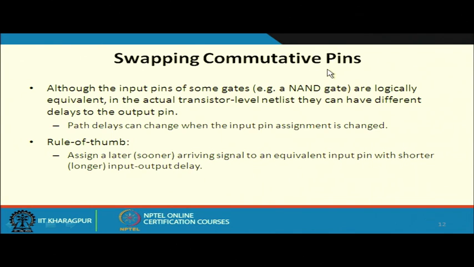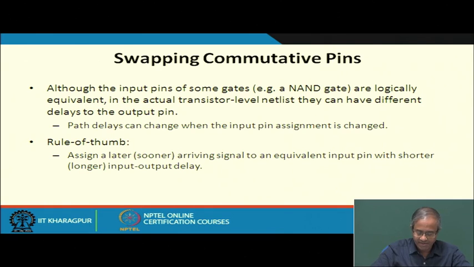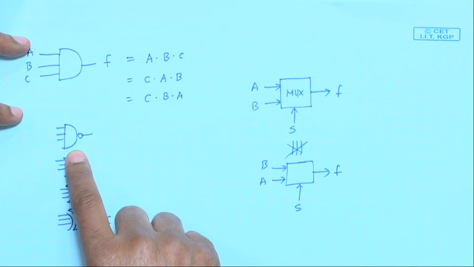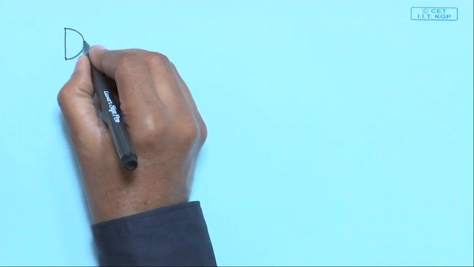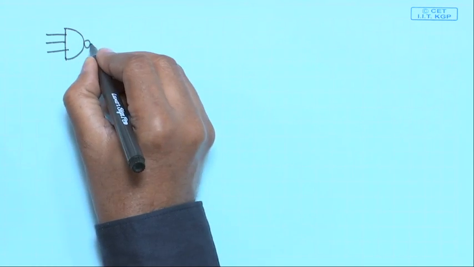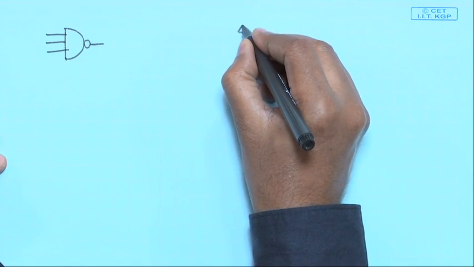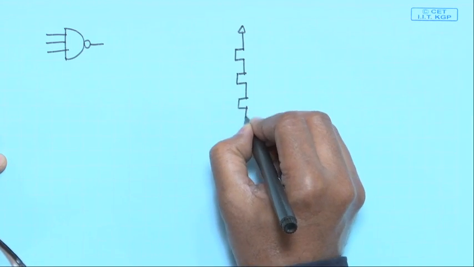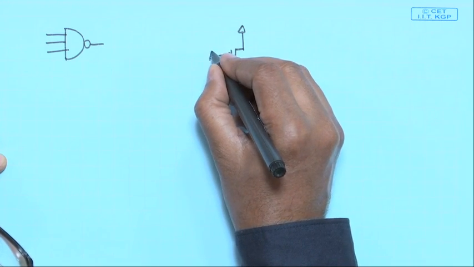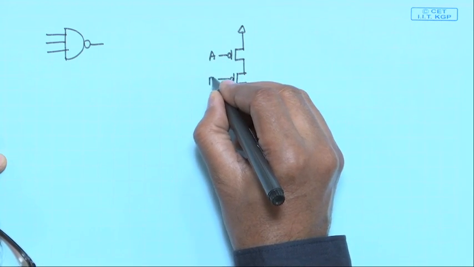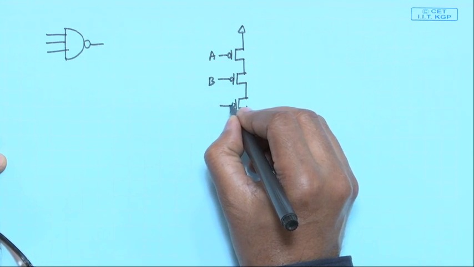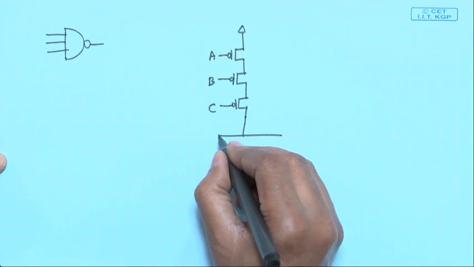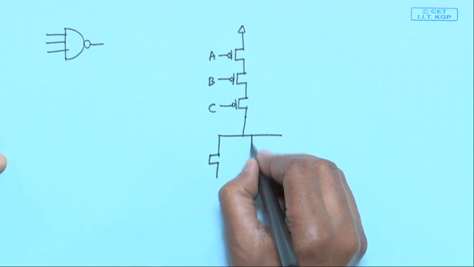Okay. Now, another thing you observe, at the level of gates, this looks very fine, that if you swap there is no change, but if you look at a transistor level circuit, let us say I am just showing you one simple example, a 3 input NAND. So, a transistor level circuit will consist of, in the pull up there will be 3 p type transistors, let us say A, B, C, and in the pull down there will be 3 series N type transistors.